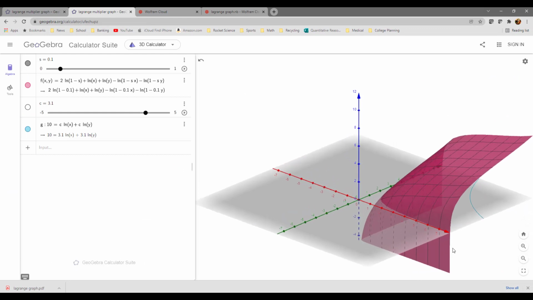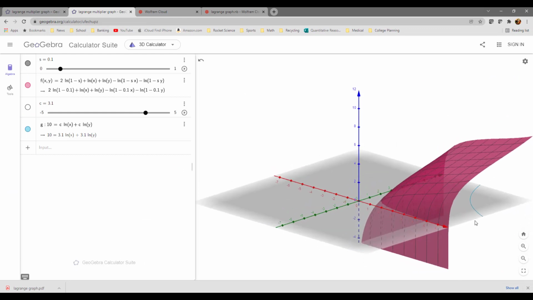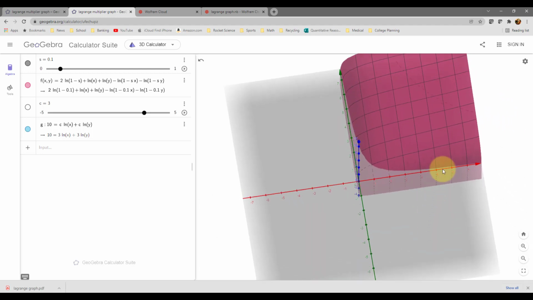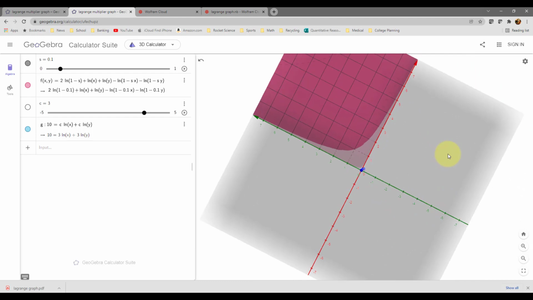And you can also see that here in a three-dimensional graph where I have the same constraint, let's put that at 3. So I have the same constraint g, that's this blue curve, but now you can see the function f as a function of the two variables n1 and n2 that ended up, we realized that at the minimum n1 and n2 are equal, and I just called it n. And that minimum of that surface is really at a point where both the x and y values are the same, and it looks like it's something around 5.3.